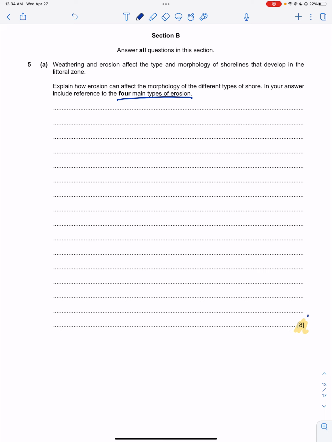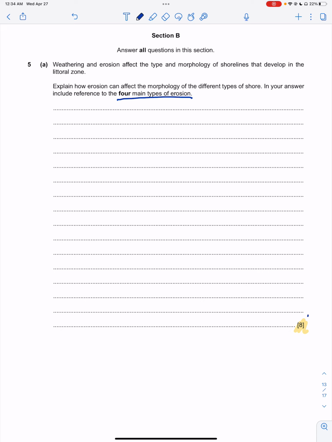Maybe you could do one of those Venn diagrams and show those different littoral zones and decide if it's sedimentation or erosion that's creating it. But y'all, come on. The shorelines that they mention, in the mark scheme they reference rocky shore, as they should.